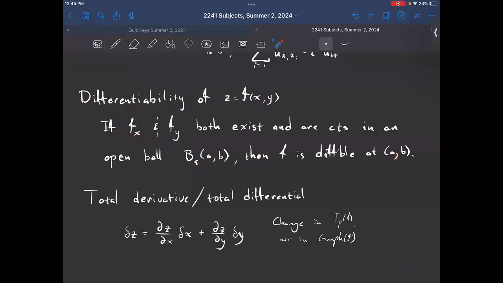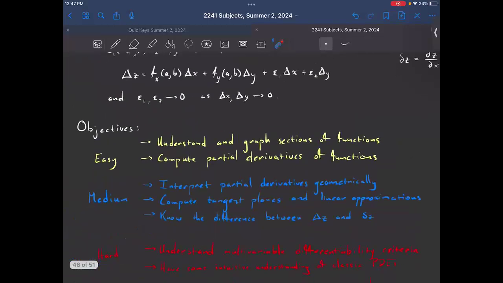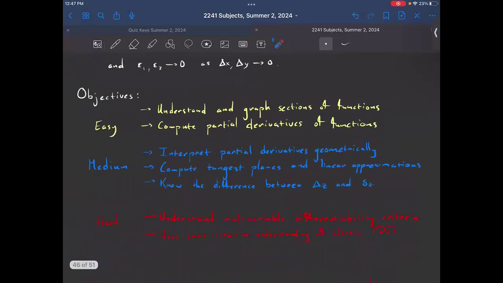The continuity is really important here. Later on, we'll see an example of a function f where the partial derivatives both exist at a point a, b, but the function will not even be continuous there, and so it can't be differentiable there as well. All right, but that's for later, and then we need to finish our objectives and our terms.